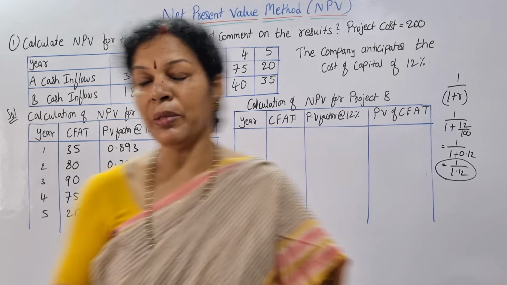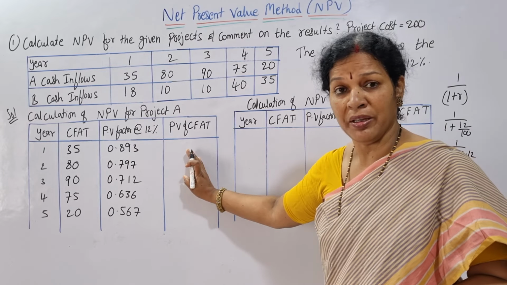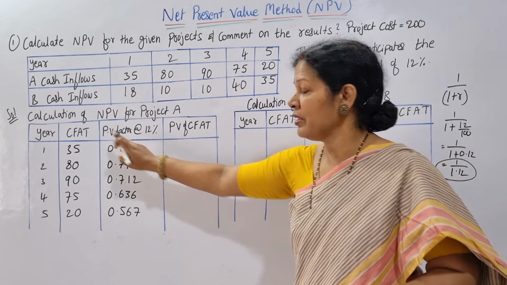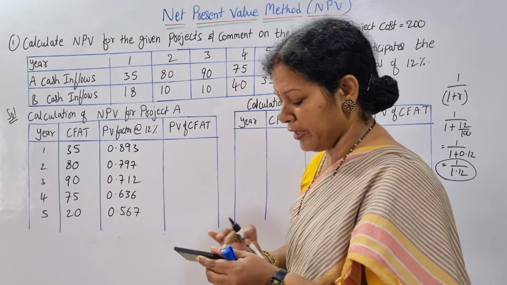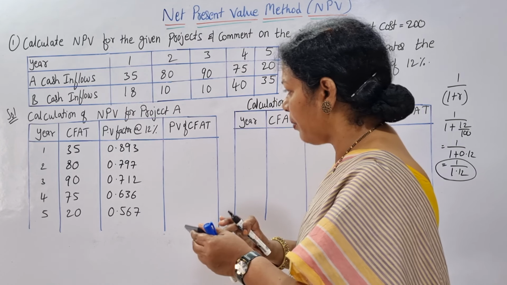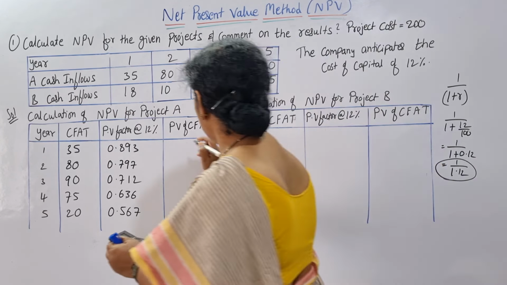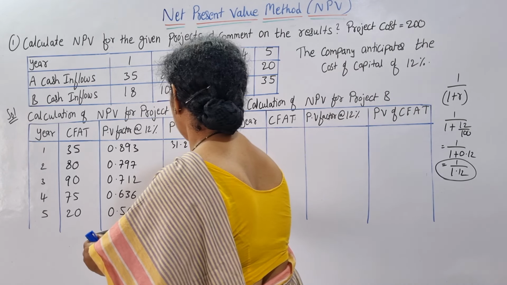Now what we have to do: multiply CFAT into the PV factor, that will be the PV of CFAT, the present value of CFAT. We'll multiply 35 into 0.893, which comes to 31.255.